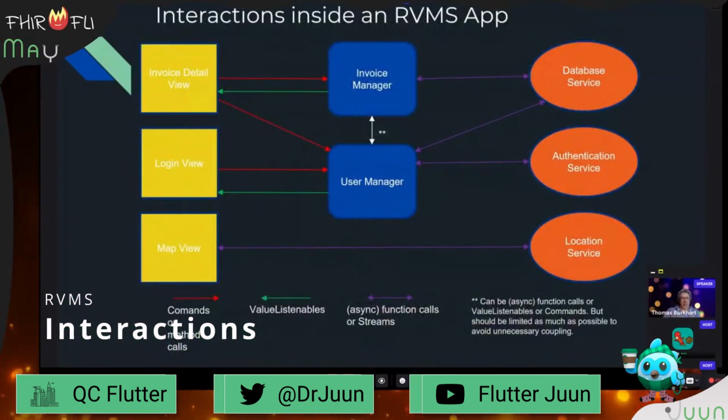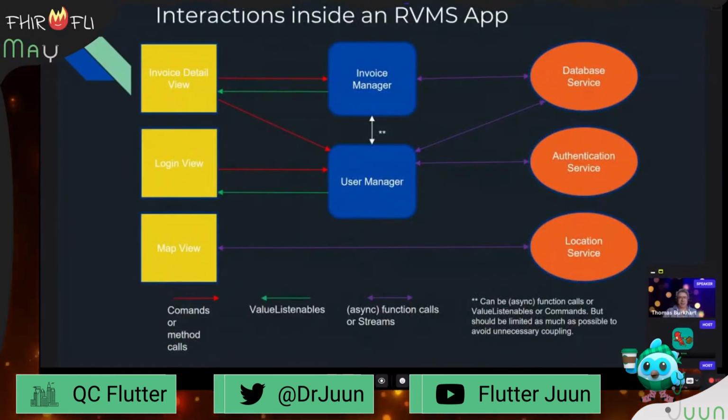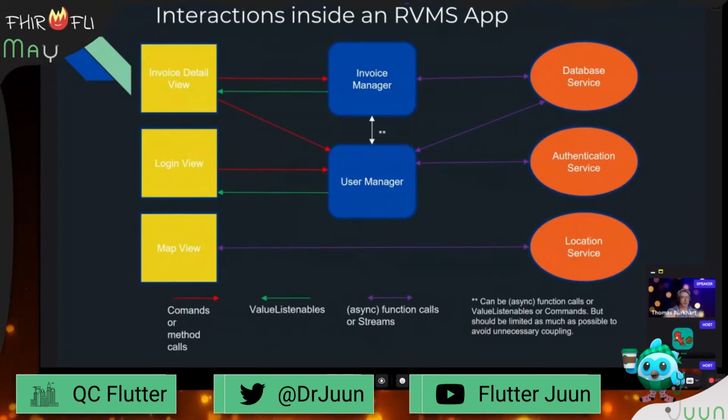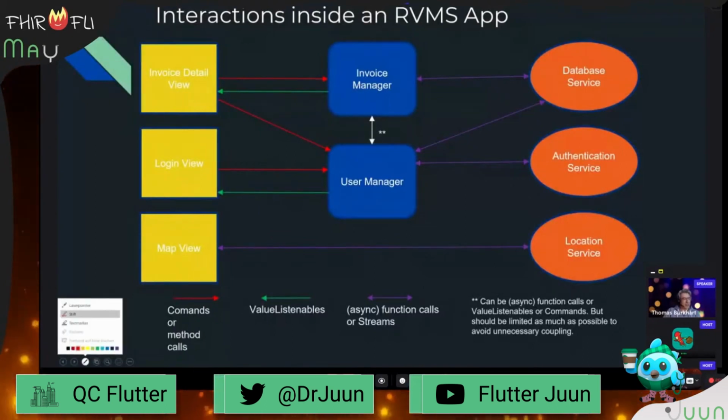As a little example of how we structure such an app, let's imagine we have any business app that has users and that has invoices. So we have three layers, more or less. I should turn on the laser pointer so that you can see.